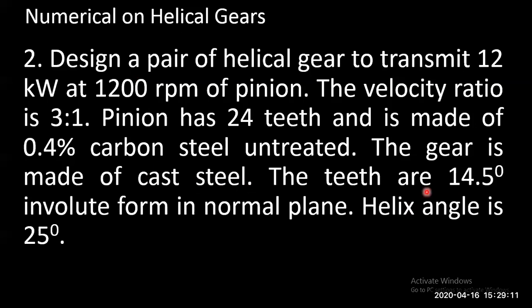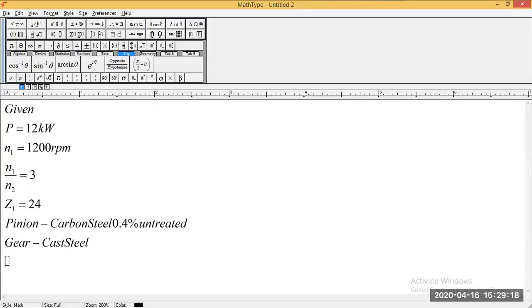And teeth are 14.5 degree involute form in the normal plane. So it is given in the normal plane, therefore you need to write alpha n.